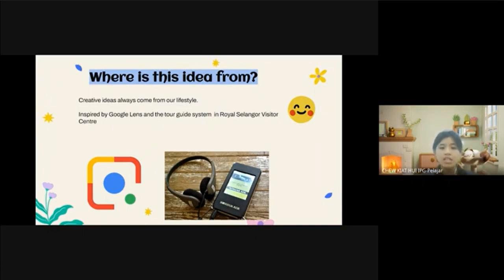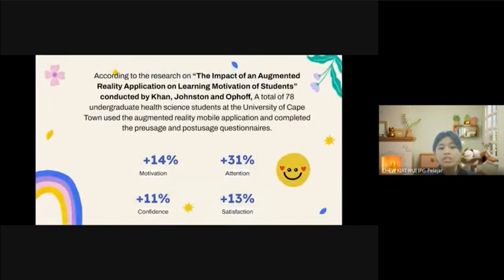Next, we also made some literature review on it. According to the research on the impact of an augmented reality application on learning motivation of students, conducted by Kang, Johnston, and Off, a total of 78 undergraduate health science students at the University of Cape Town used the augmented reality mobile application and completed the pre-usage and post-usage questionnaire.